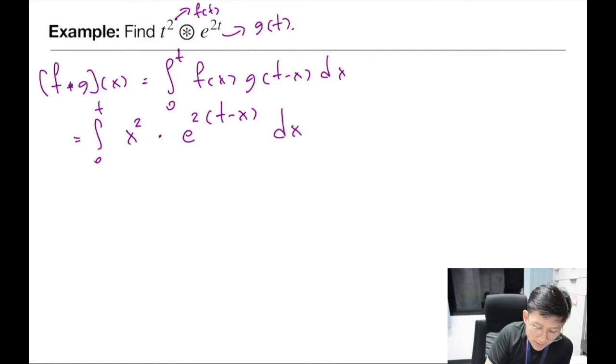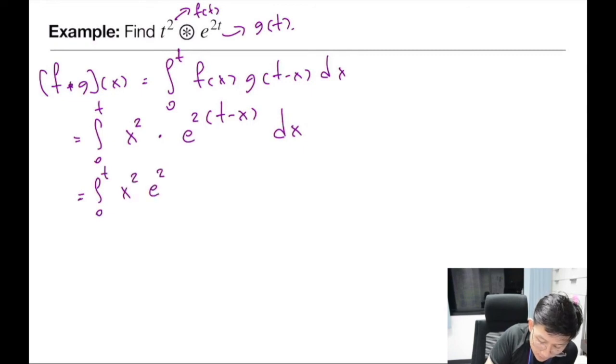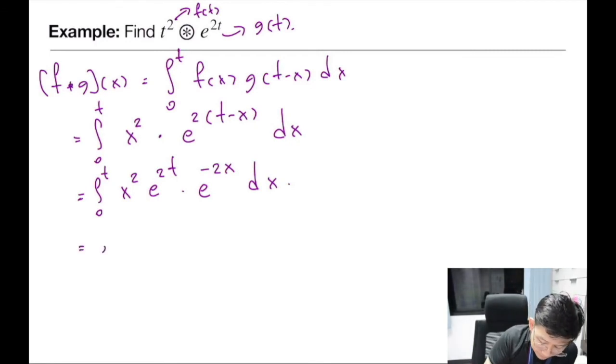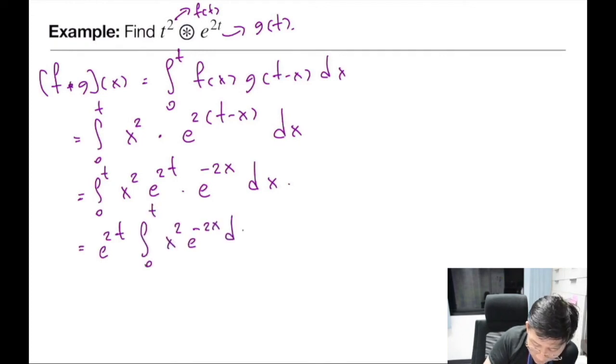Okay, and again, this is the integral from 0 to t of x squared e to the 2t times e to the minus 2x dx. Then I pull e to the 2t out because it is a constant, and then we have the integral from 0 to t of x squared e to the minus 2x dx.